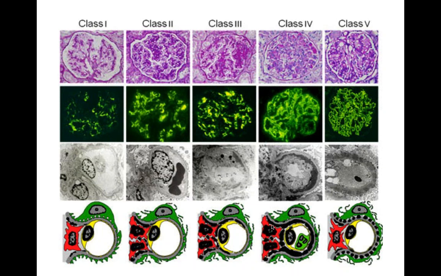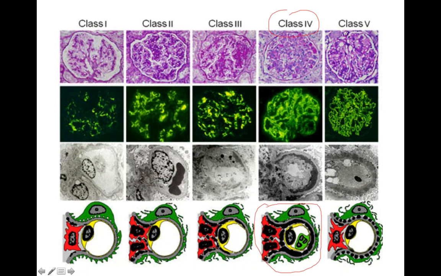This diffuse proliferative is the most common and the most severe form of glomerulonephritis. If you're asked what is the most common renal abnormality in case of SLE, it is type 4, which is diffuse proliferative. And type 5 is membranous.